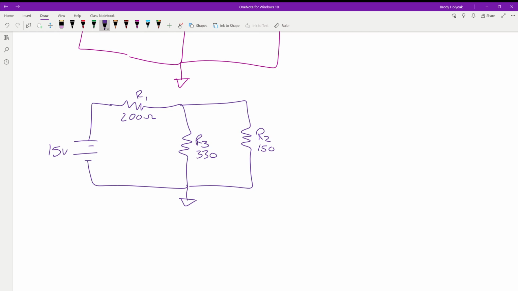So one of the first things we're going to solve for is our R total. Then I want to know my voltage drop across R1, my voltage drop across R2, my voltage drop across R3, and the polarities. The polarities are the easy part because they're going to follow what the supply is doing.